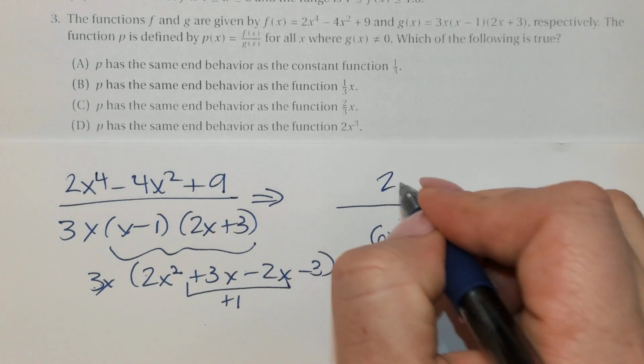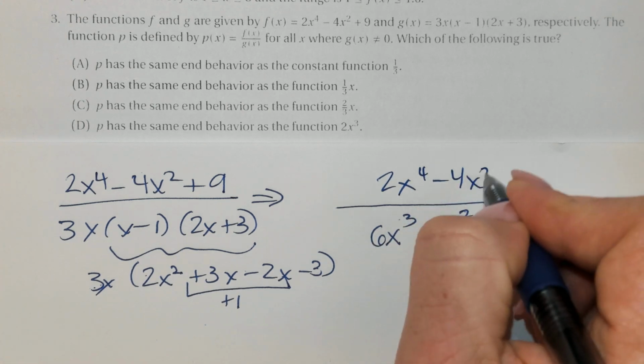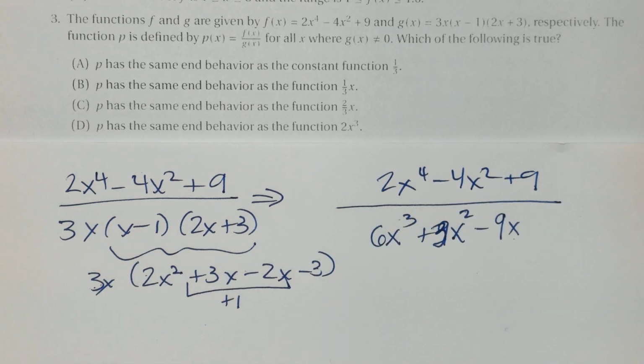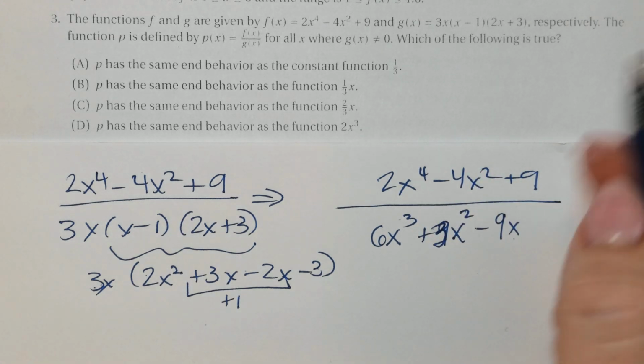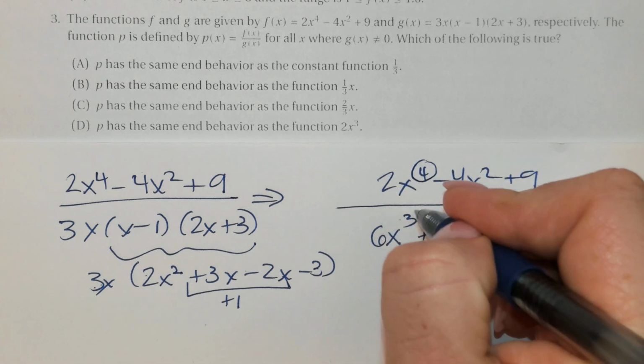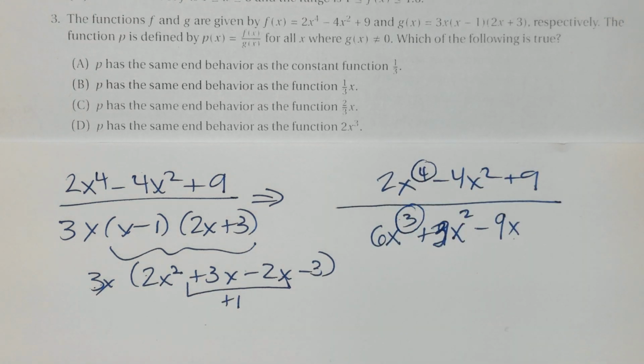Now up top, I have 2x to the fourth minus 4x squared plus 9. We want to talk about the end behavior. So with end behavior, we need to know about asymptotes. Specifically, let's think about a horizontal asymptote. In order for us to decide if there is a horizontal asymptote, we're going to start by analyzing the degree of the numerator and the denominator.